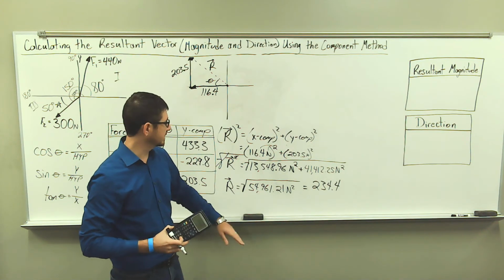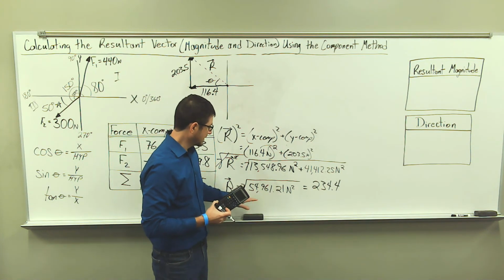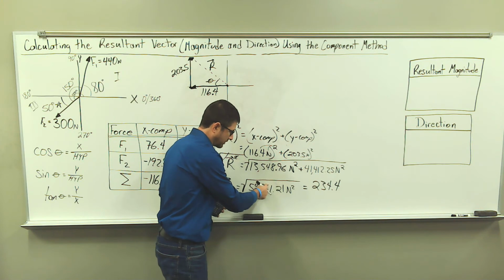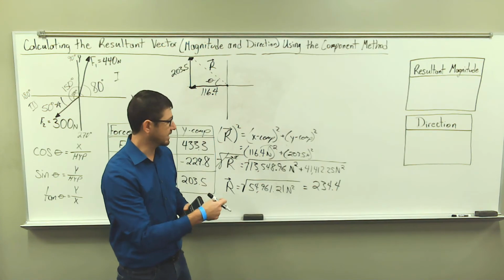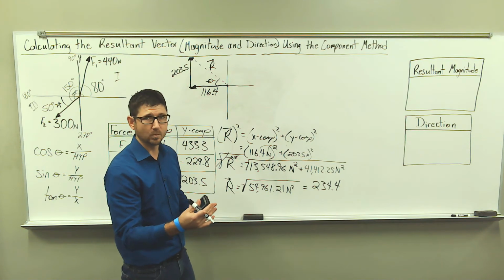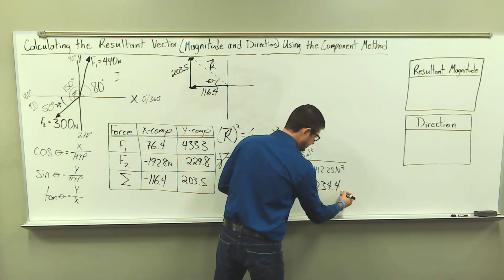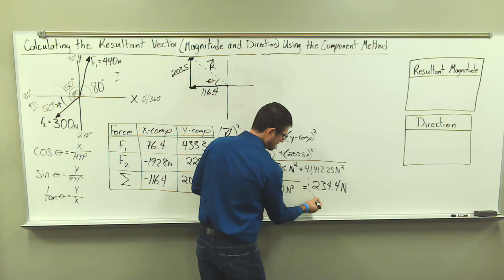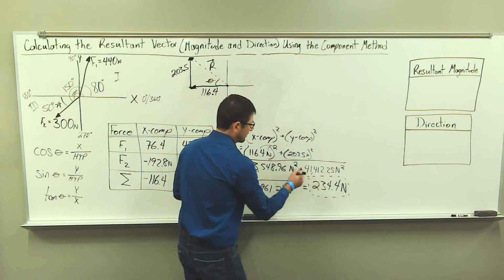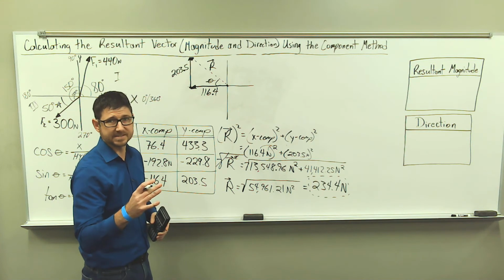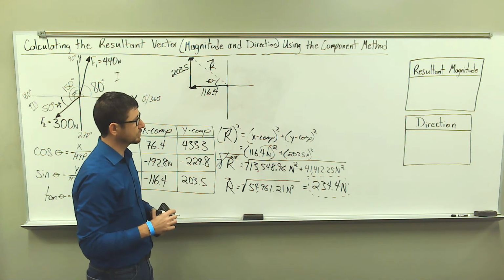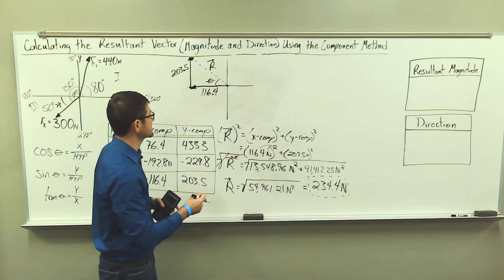Okay, now let's take a look at the units here. We're taking the square root of the numerical value. We're also taking the square root of the unit value. The square root of newtons squared is just newtons. All right, so the magnitude of the resultant vector for this system of forces is 234.4 newtons.